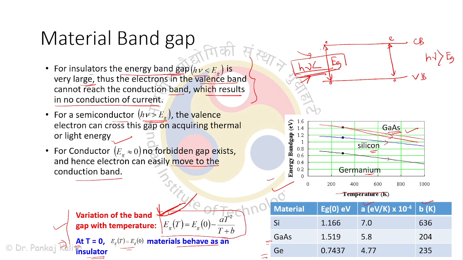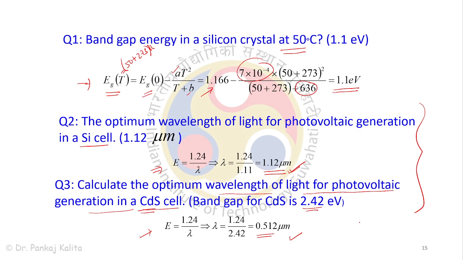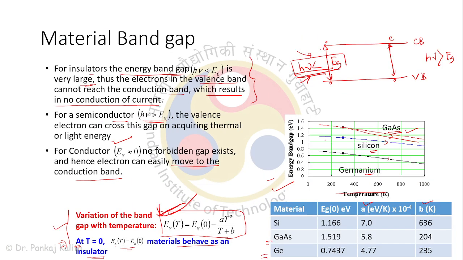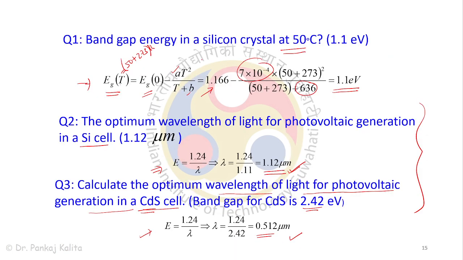Okay, so simple numericals can be formed on this band gap correlation with temperature, such as the band gap energy in a silicon crystal at 50 degrees Celsius. Note that in this formula we always have to put temperature in Kelvin, not degrees Celsius.